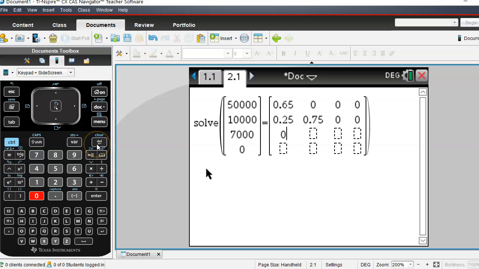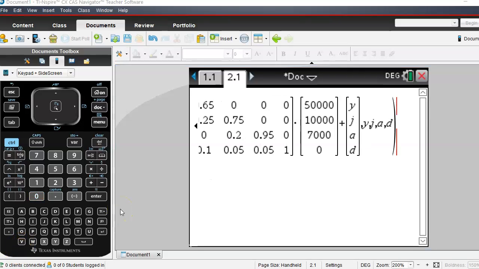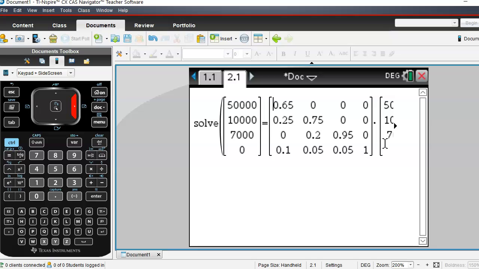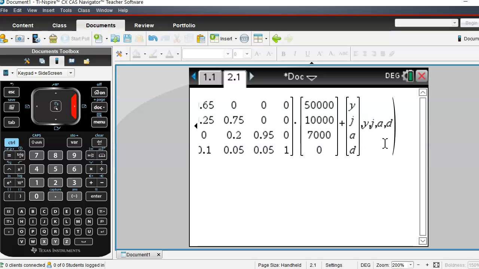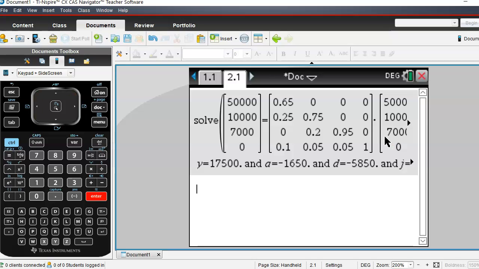I might pause it here and put these in. What I've done here is pop all of that in. You can see I've put in Y, J, A, D, and that's what we're solving for.